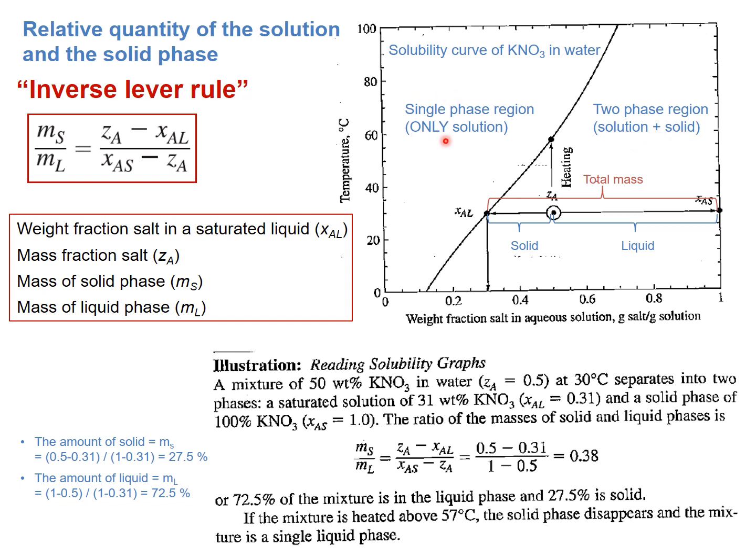We don't have anything for calculation in the single phase, because everything is just an unsaturated solution. There is no solid there. However, in this region, we need to calculate the amount of the saturated solution and its mole fraction or mass fraction, and also the amount of solid and its mole fraction or mass fraction.